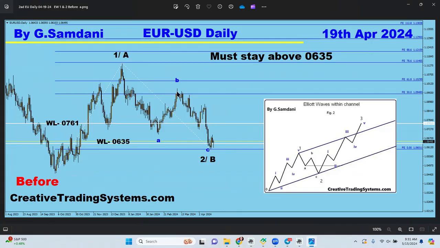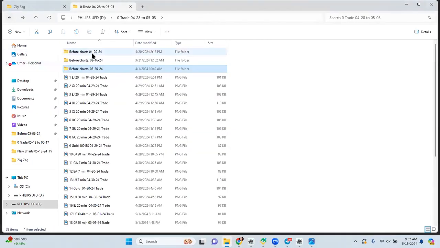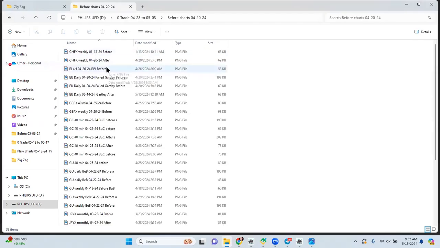By the way, I had predicted that it is coming down from here based on this information. Let me try to find it quickly for you so that you will feel good about it.